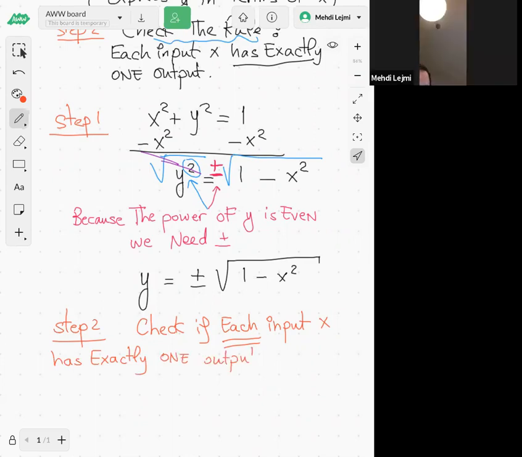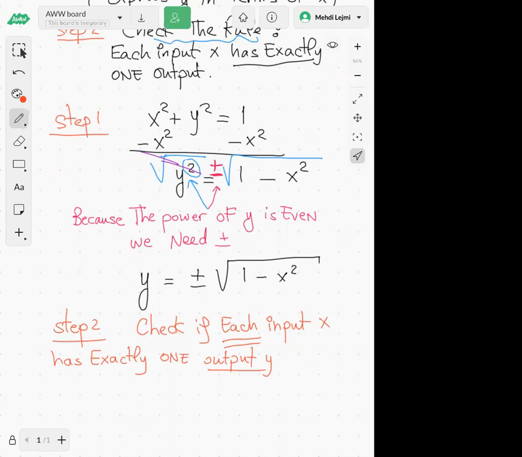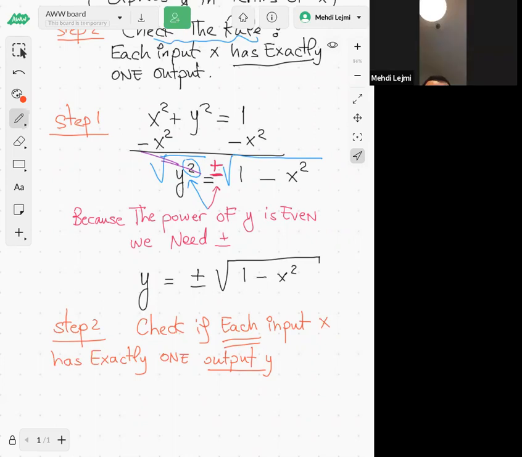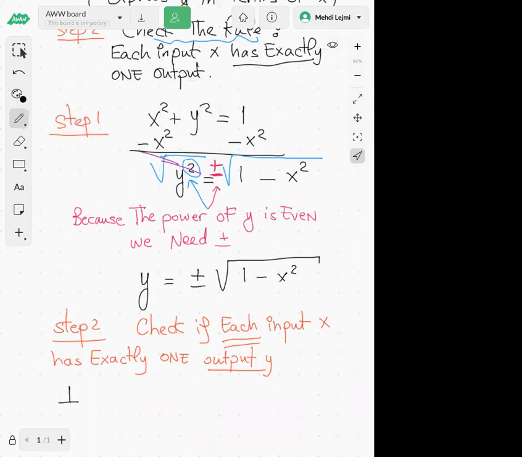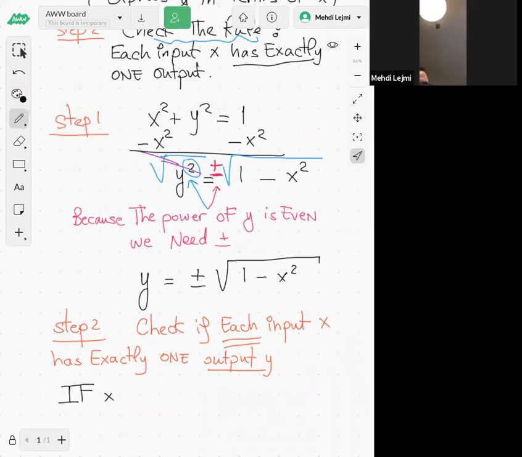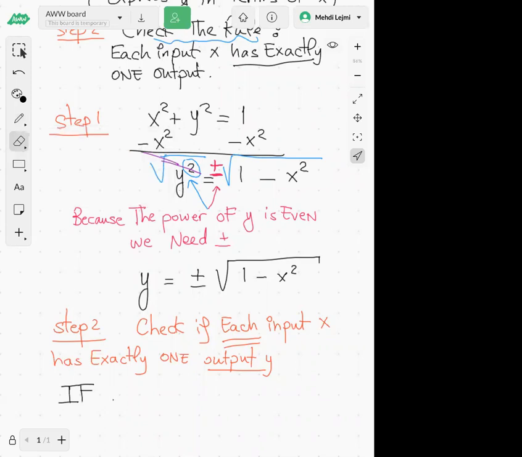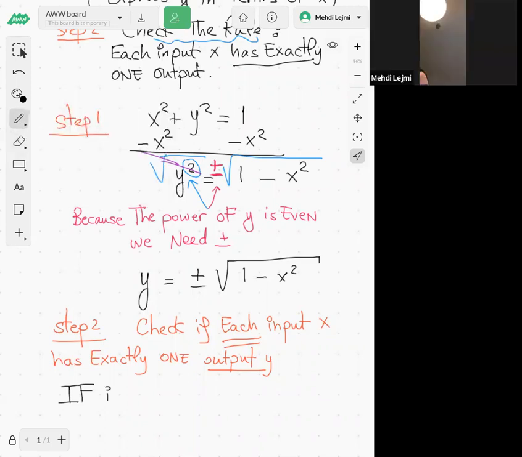Because I solved for y, I have my y expressed in terms of x. So I can replace x by some values and see if I get exactly one output. If my input x is 0, what will be the output?